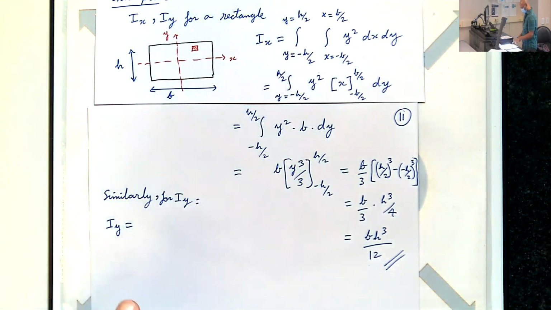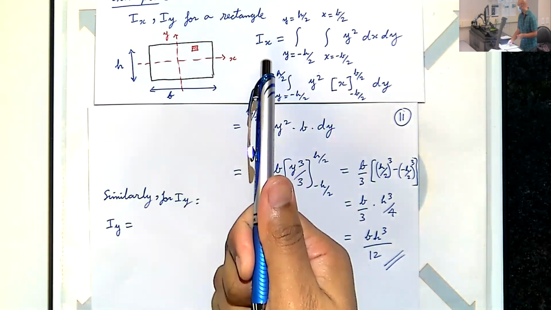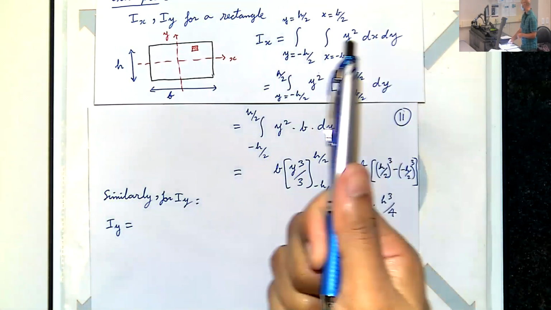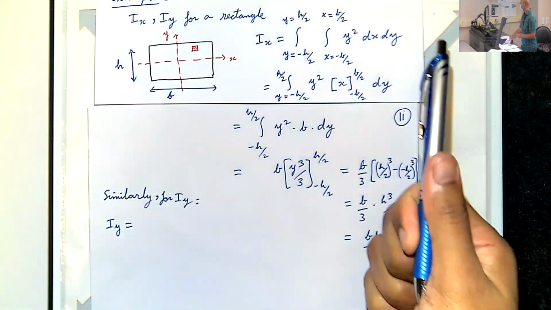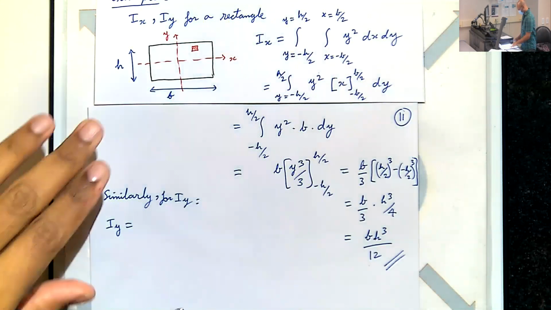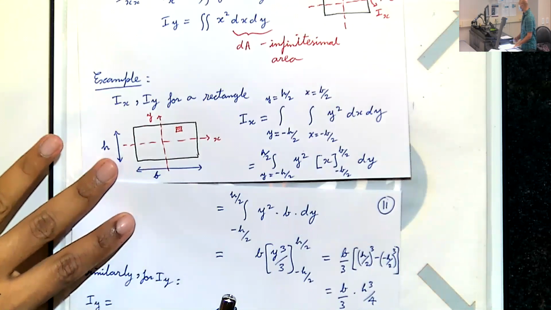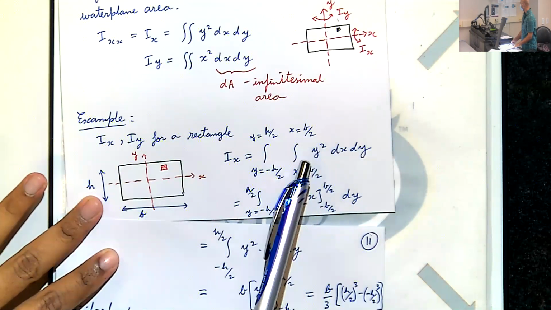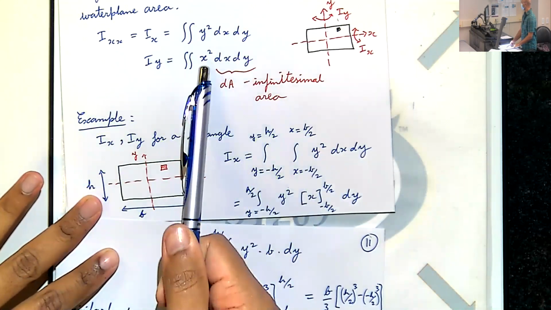Okay. All right. So similarly for Iy, what would you write? It looks very similar to this. So what would you say? The only change is instead of a y squared, we have an x squared.